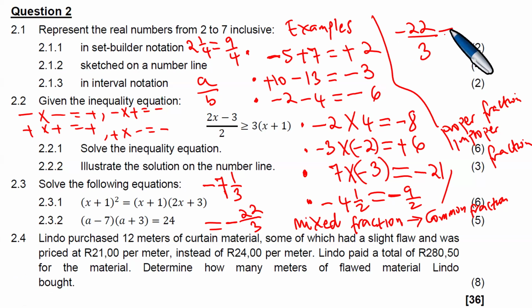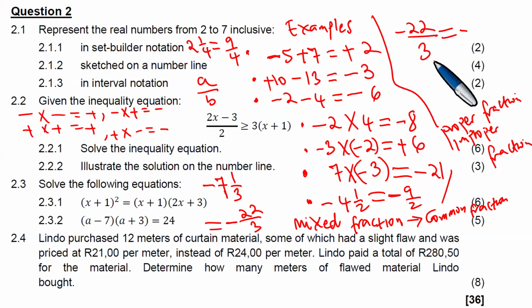Can we break it down into a mixed fraction? How would you break it? Are you not going to divide 22 by 3? Yes, then you get your 7. We say 3 goes how many times into 22? The sign is always there.